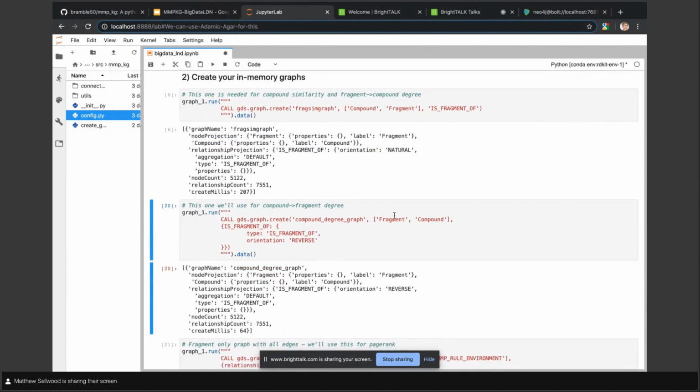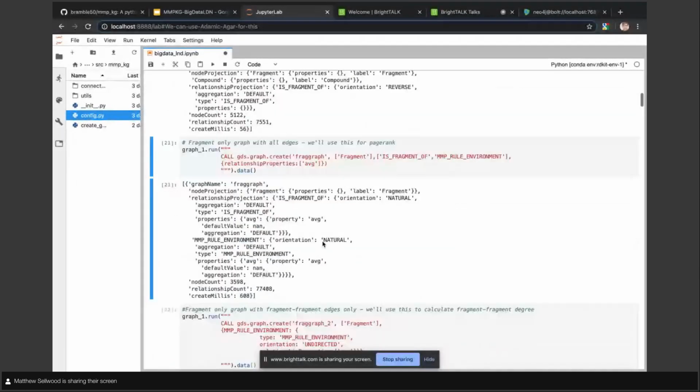And then I wanted the reverse of that. So here, this is taking into account a single directionality, the directionality that's in the graph. Neo4j has directed edges, so here this is just one direction. And then I wanted a graph which had the reverse direction in as well. So let's create that one. And here I wanted one which only represented fragments and didn't have compounds.